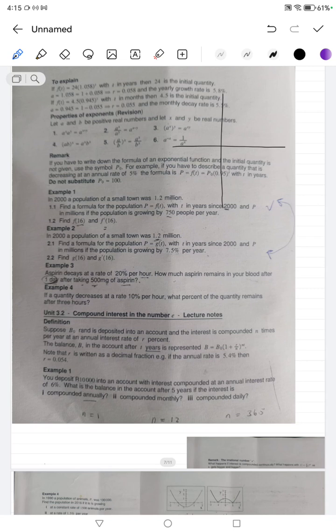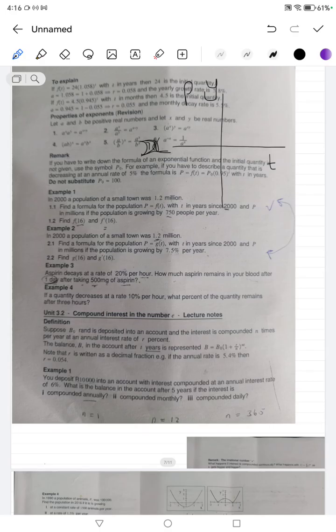You will see that on your x-axis, this is where we have your x and y. This is where we're going to have your time. Then this side we're going to have your population.